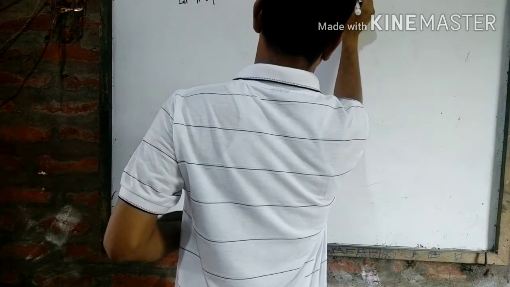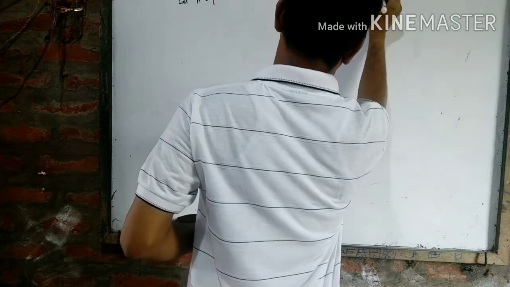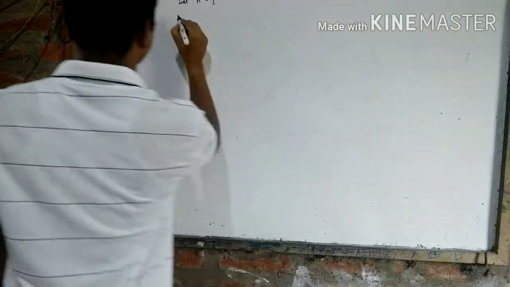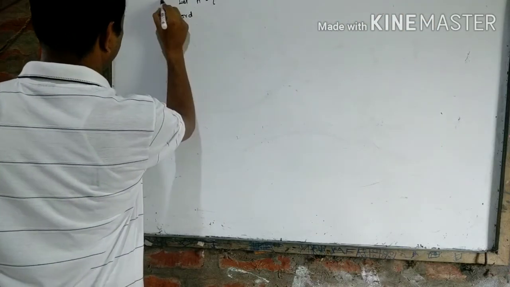Write down R as the set of ordered pairs. This is an example.